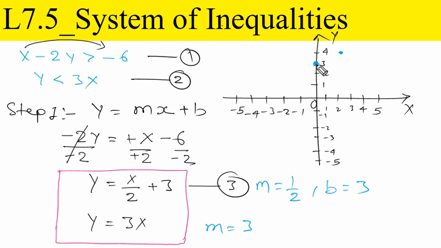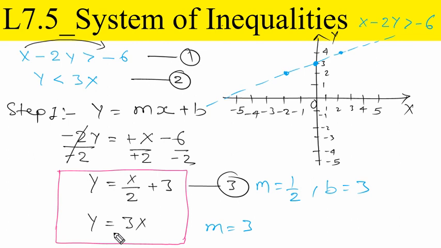Another point will be here, and if you go down, that will be here. Now just connect these dots. Dash line, because it is more than or less than. That is why we are using a dash line. So this is for x minus 2y more than minus 6.